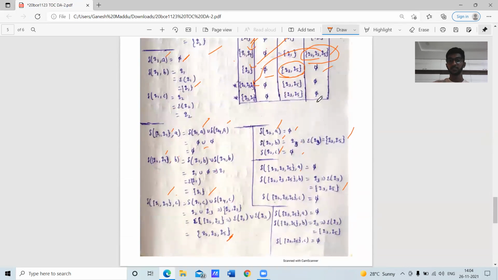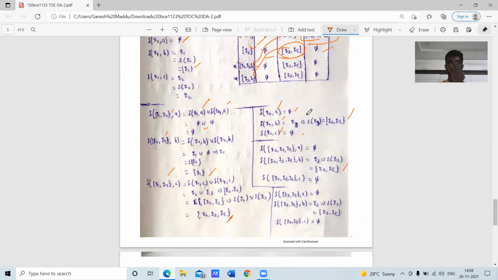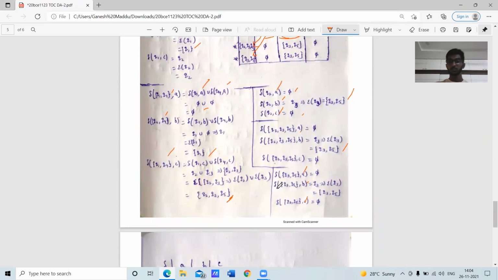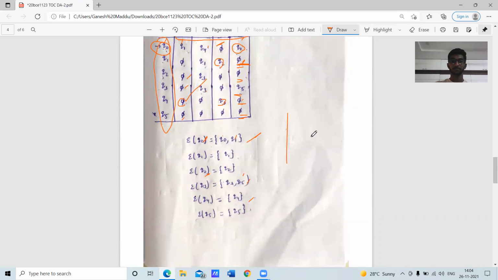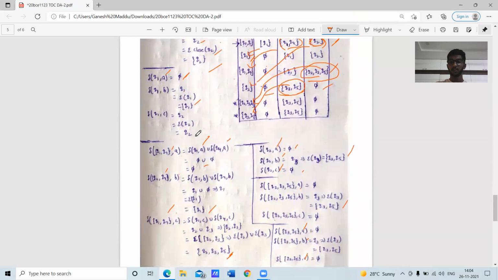Just write this in the table, and take the unmarked state Q3, Q5. For Q3, Q5, the transitions on input symbols A, B, C are seen here. For Q3, Q5 on A, there is no transition for either, so return ϕ.